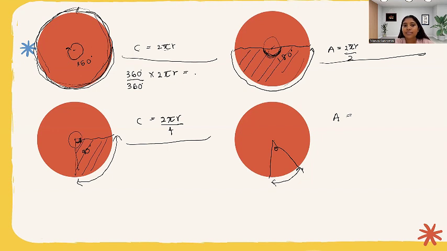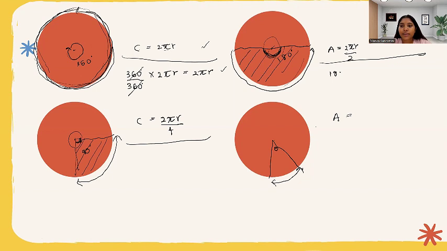The 360s cancel and the answer is 2πr. So the same thing has been done here, and the answer is also the same. Here, the angle at the center equals 180.